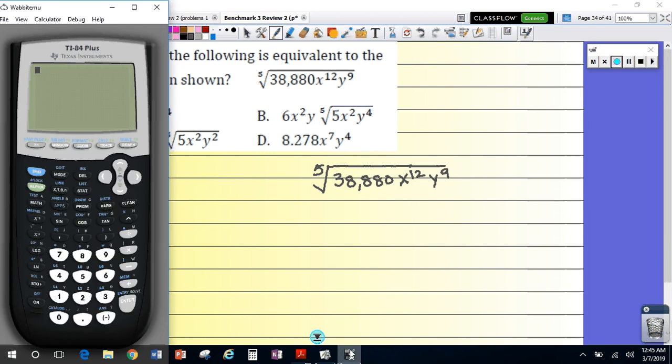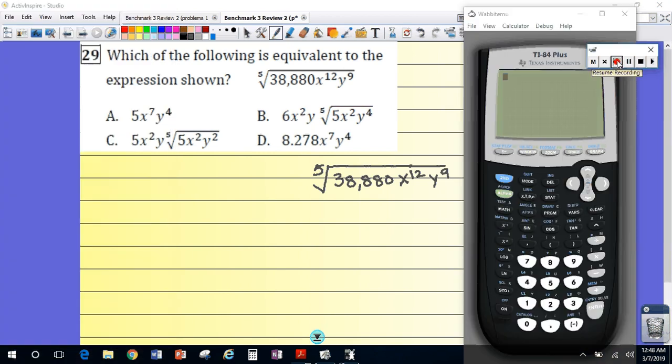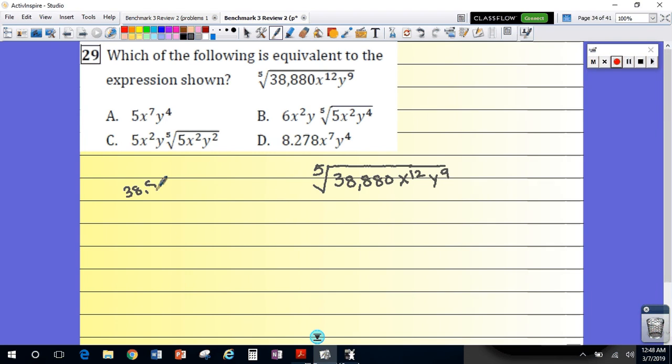So before we proceed to this problem, let us find the factors for 38,880 whose fifth power should be equal to this, right?